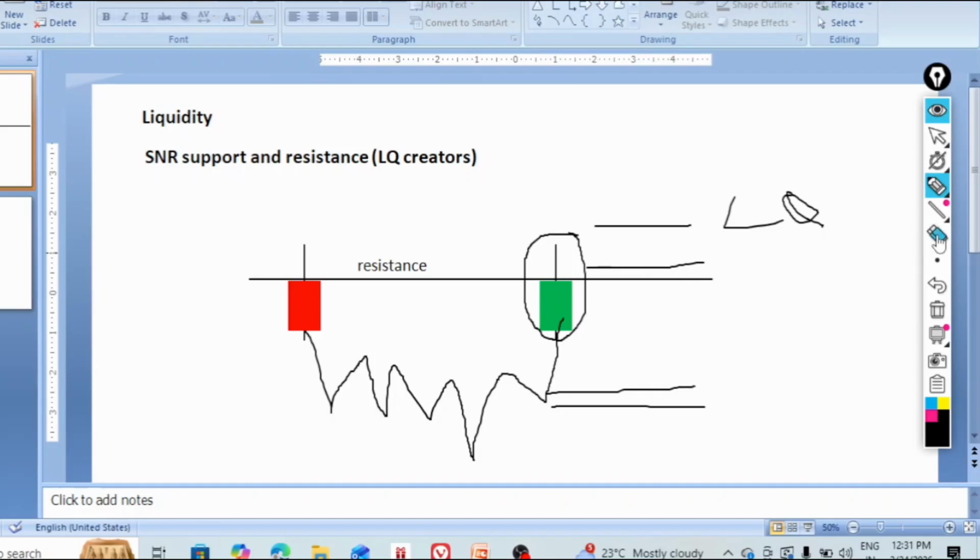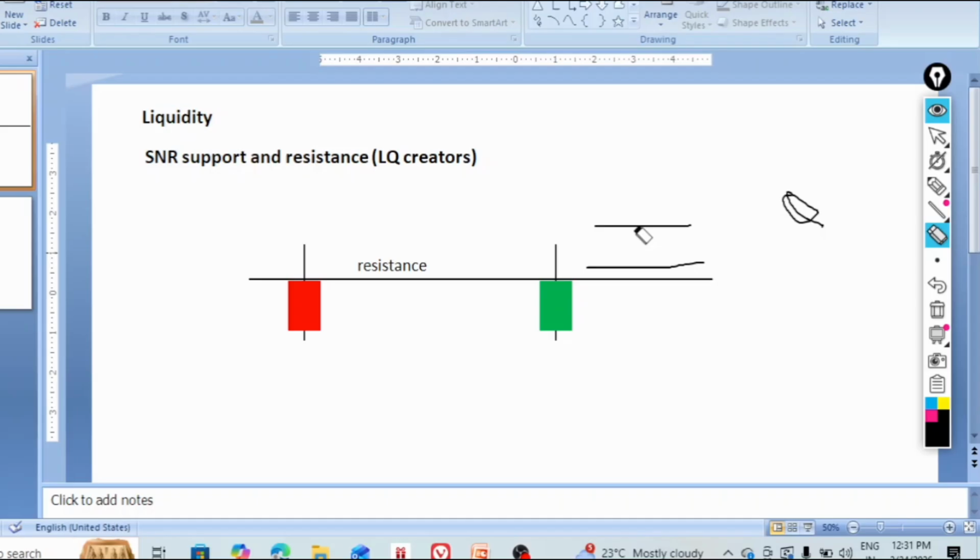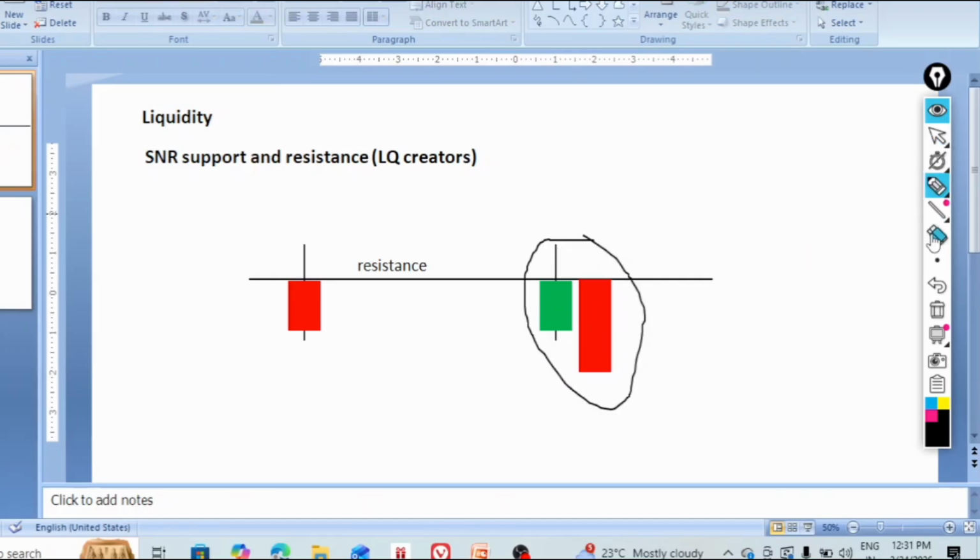And then also some traders, suppose here we have an engulfing pattern. So this is the engulfing pattern. After the engulfing pattern, the price action traders usually treat this as the confirmation.